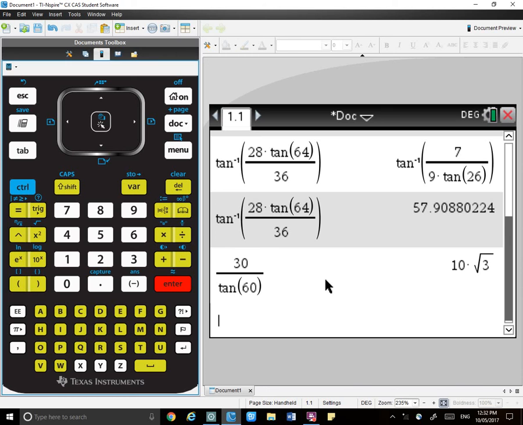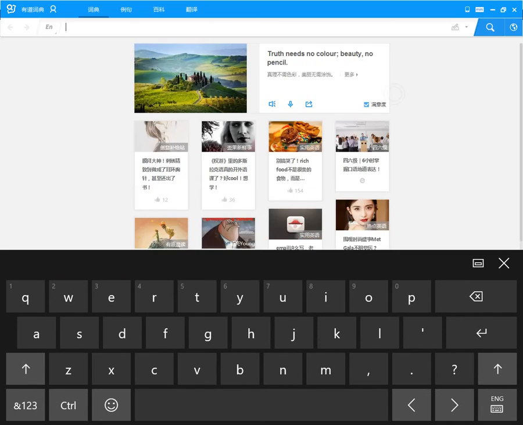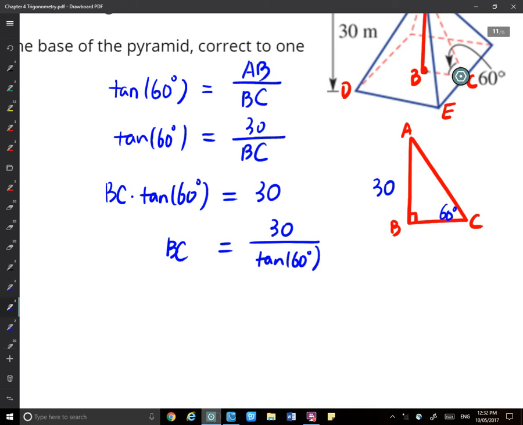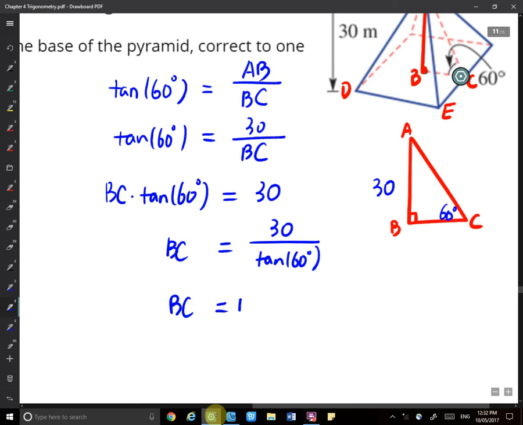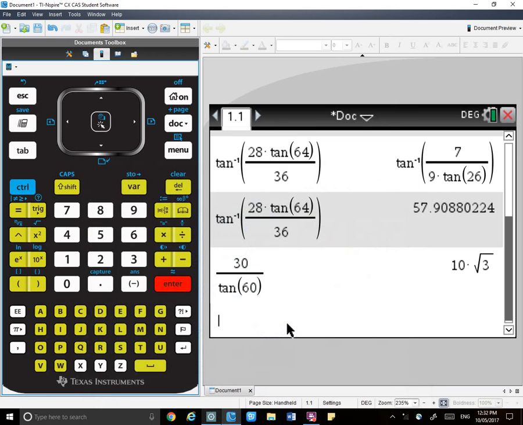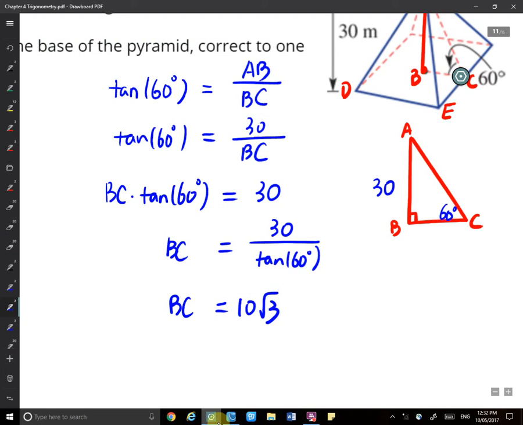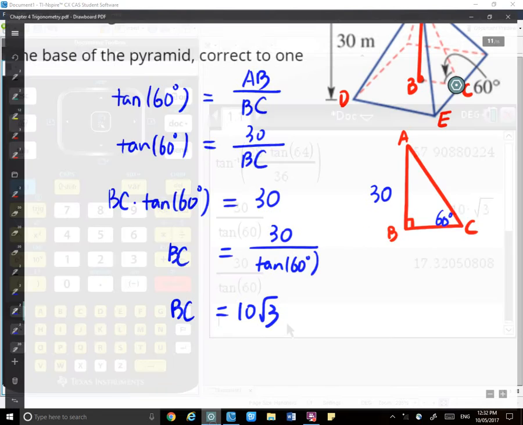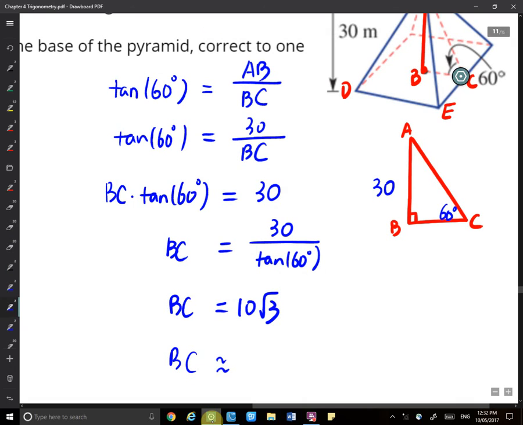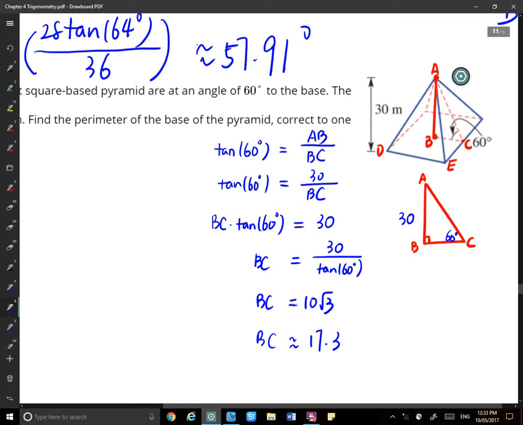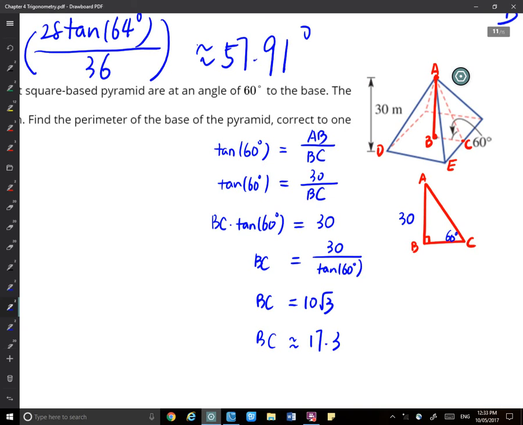Okay, 10 root 3. So BC equals 10 root 3, and correct to 1 decimal place, 17.3. I worked out the value of BC, but it's not finished yet because I want to know the perimeter of the base.